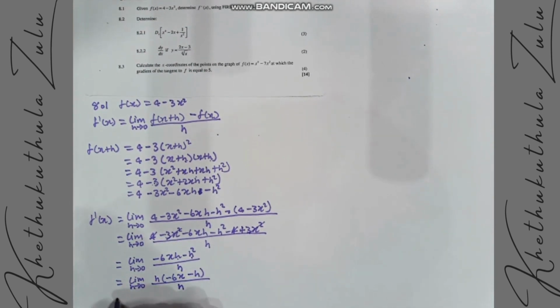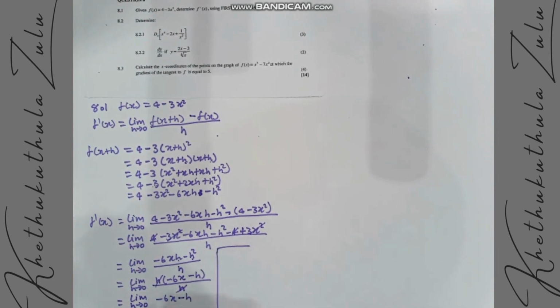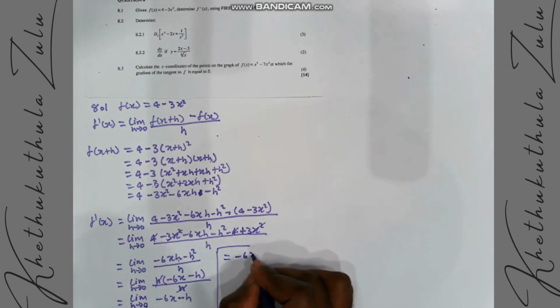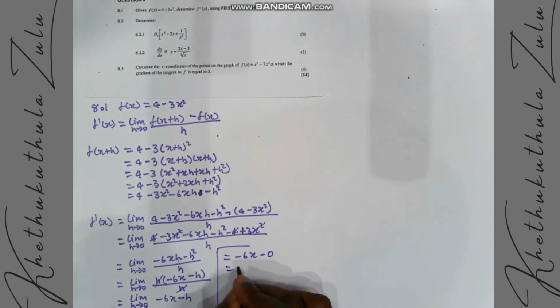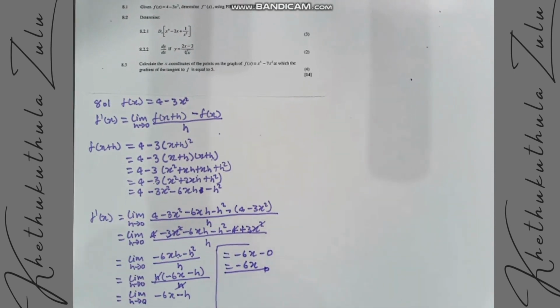And then from here we have the limit again as h approaches 0 of negative 6x minus 3h, since this h cancels this h. Then substituting 0 for h, there is no need of putting the limit, it's just going to be negative 6x minus 0, which is just negative 6x. Then this is our derivative using first principles.